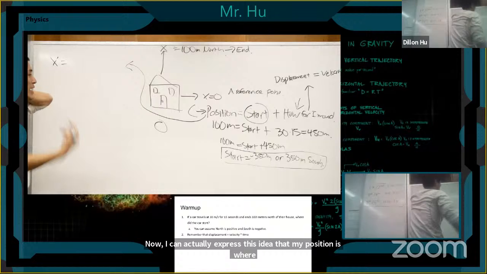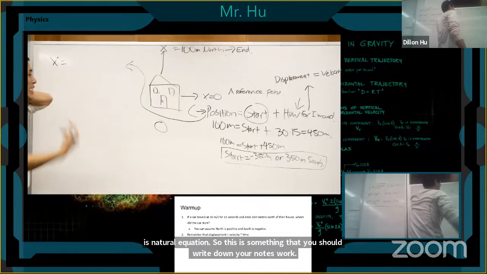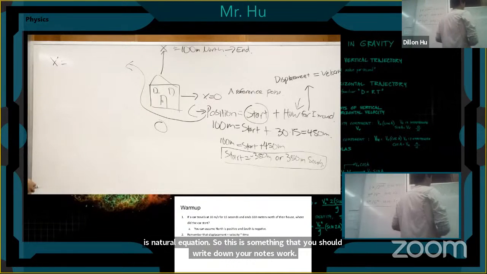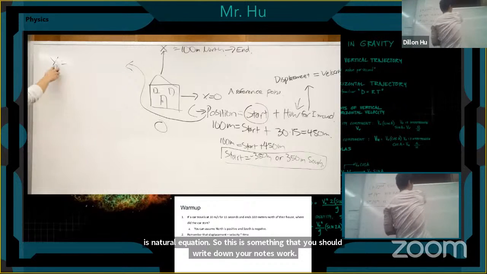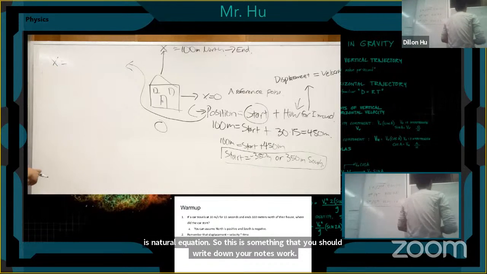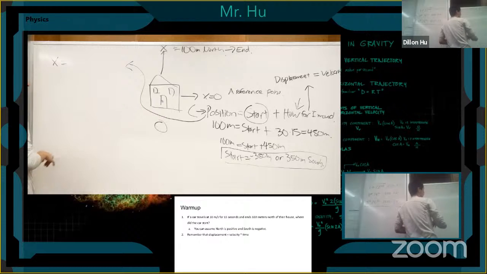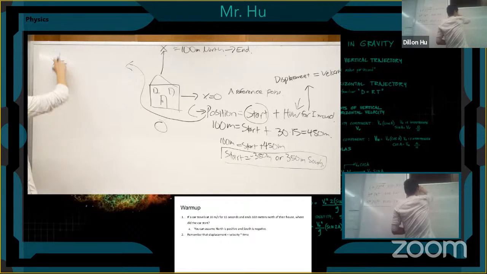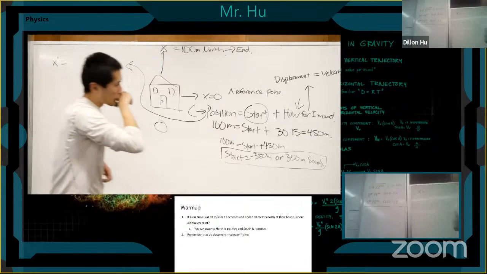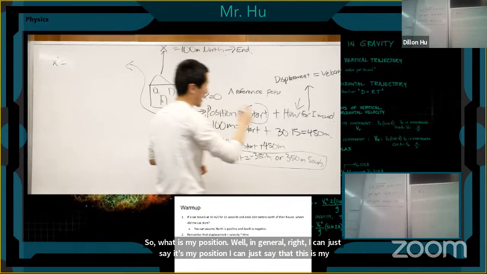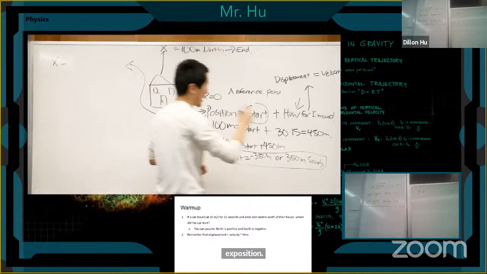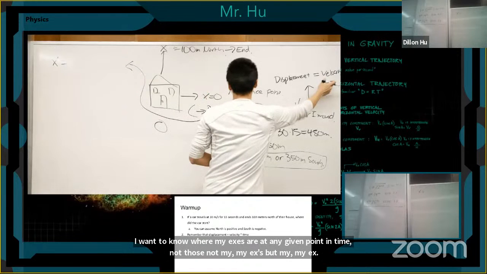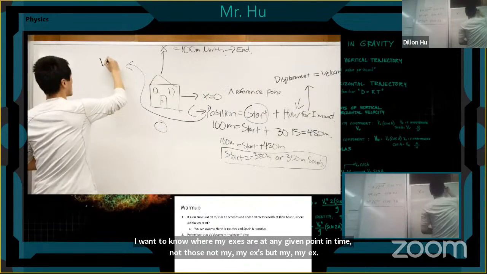What I want to know is where my x is at any given point in time. My x position at any given point in time is my start plus how far I moved. When we talk about how far I moved, that's my displacement, my velocity times time. So I can just write this as v times t.